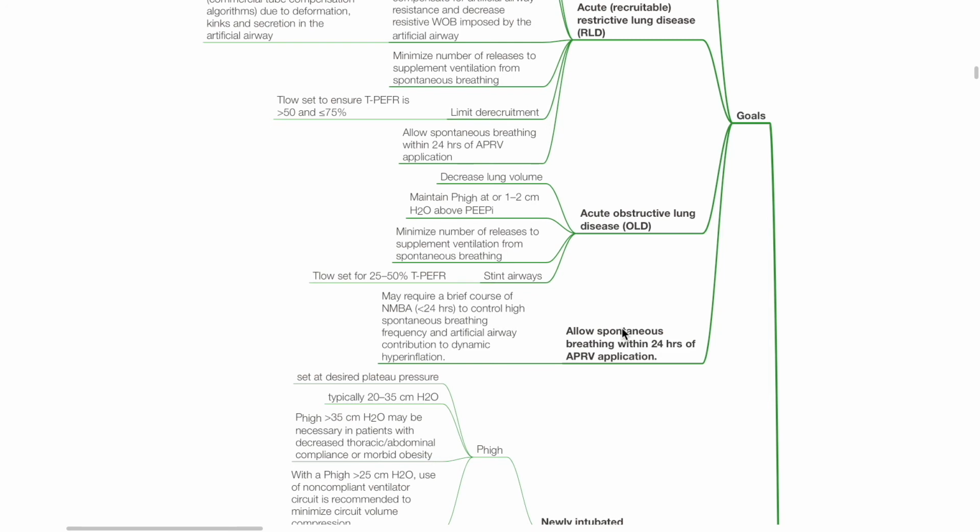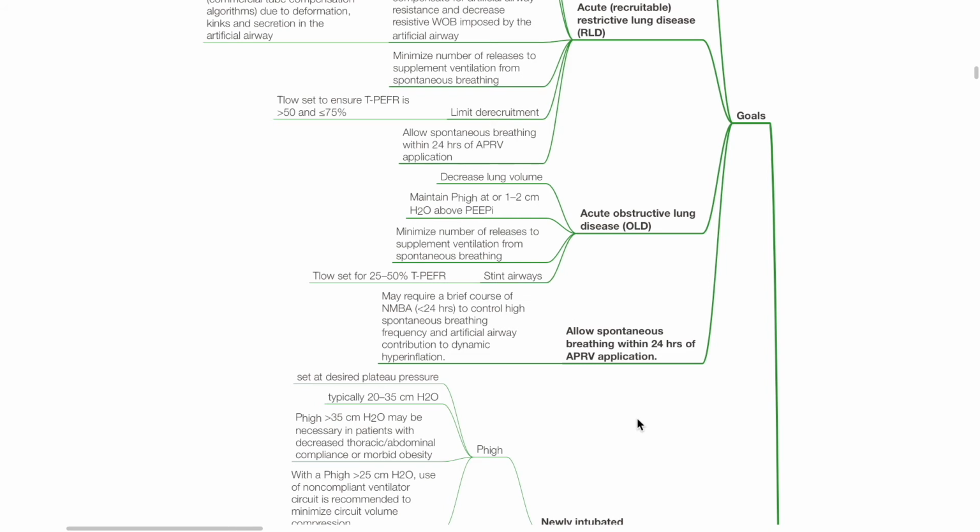For acute obstructive lung disease, the goal is to decrease lung volume, maintain P-high at or 1 to 2 cm H2O above intrinsic PEEP, minimize number of releases to supplement ventilation from spontaneous breathing, and to stent airways, T-low set for 25 to 50% of TPEFR.